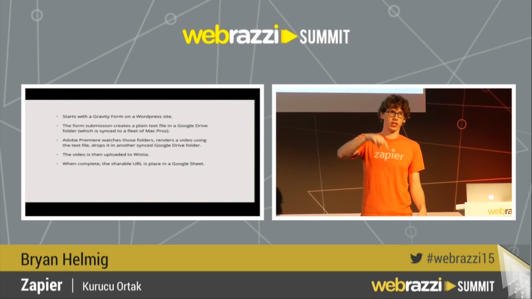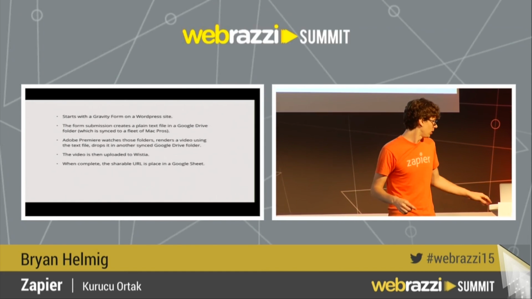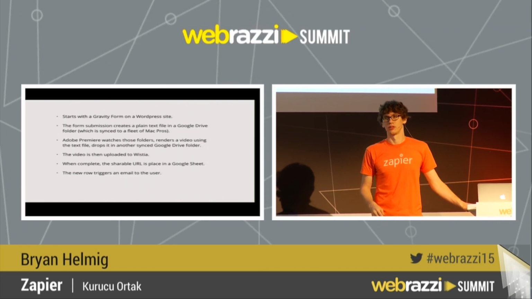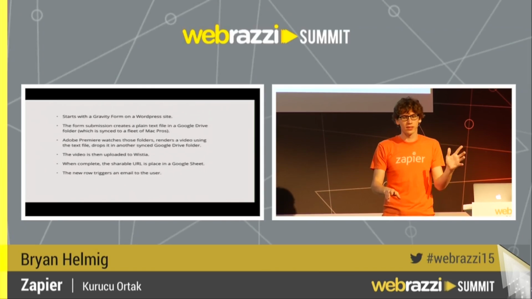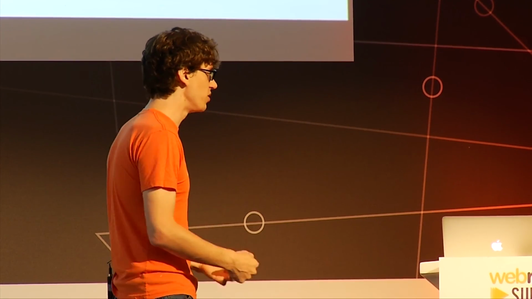When that's complete, that shareable URL that points to Wistia goes into a Google Sheet, which finally gets emailed to the user. So this entire thing takes just a couple minutes, and he has it set up to where anyone can fill out a form, and within a few minutes, they're going to get a customized video render in their mailbox, which is really impressive, and that's helped him get a lot of business.